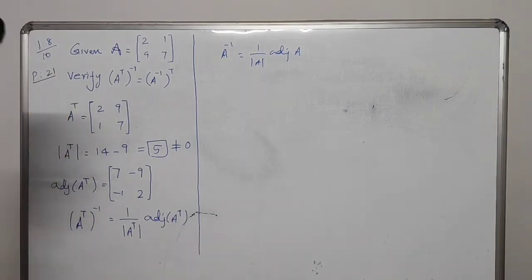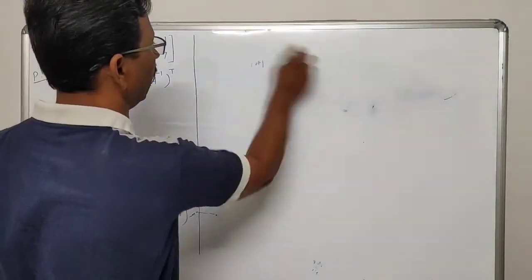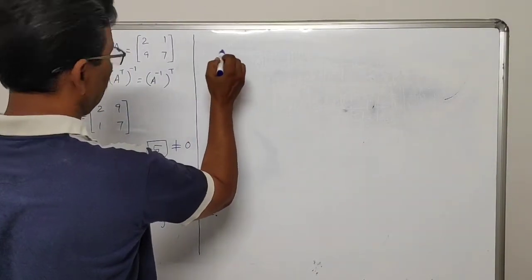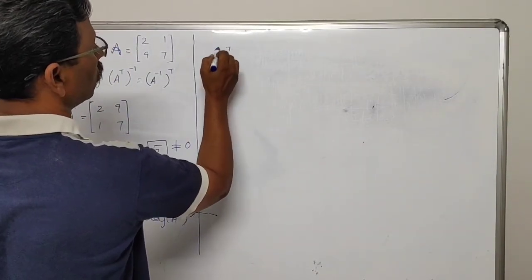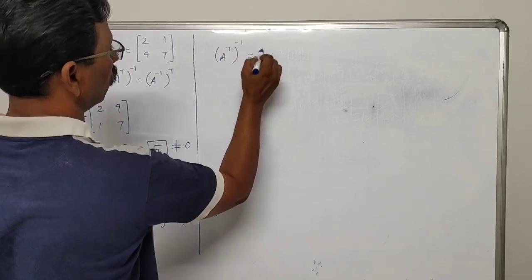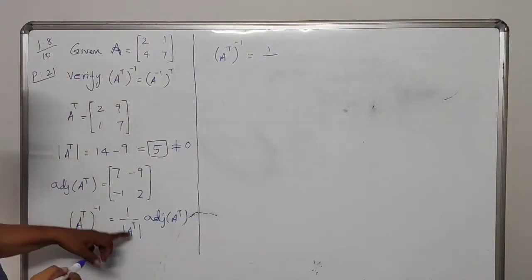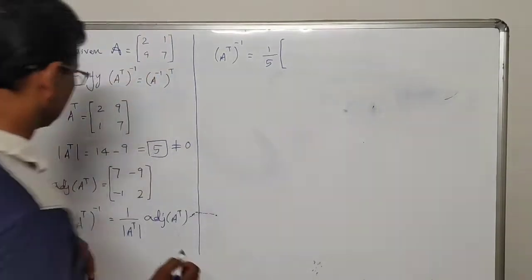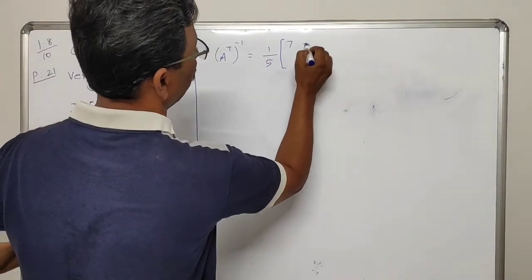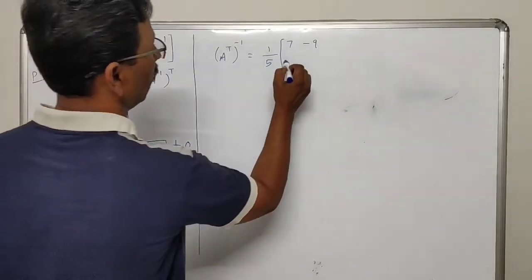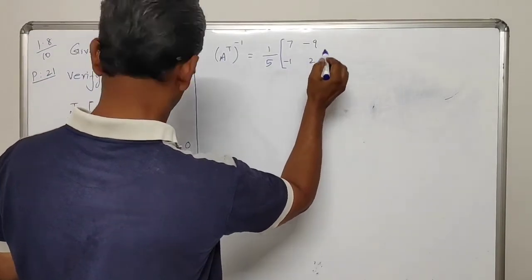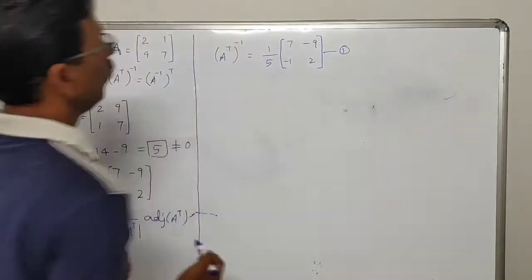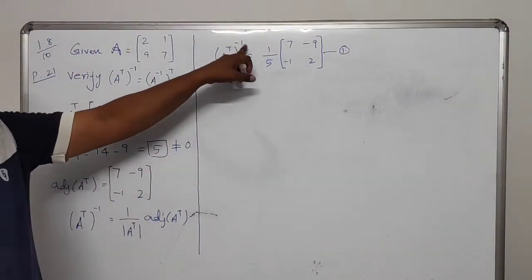Now we can replace the values, which gives (A transpose) whole inverse equal to 1 by 5 into the adjoint of A transpose, which is 7 minus 9, then minus 1 2. Now we can have this as result number 1. Now we have found the inverse of A transpose.